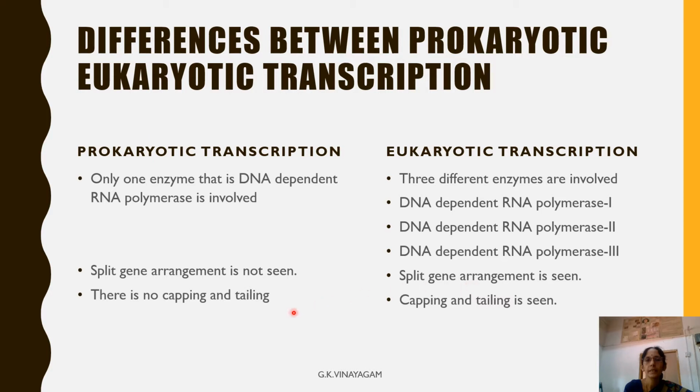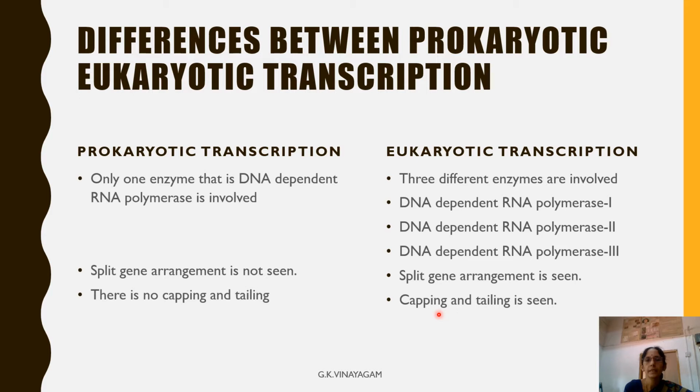Third difference: in prokaryotes, mRNA is formed in the matured condition, so there is no capping and tailing. But in case of eukaryotes, capping and tailing occurs. You know what is capping?